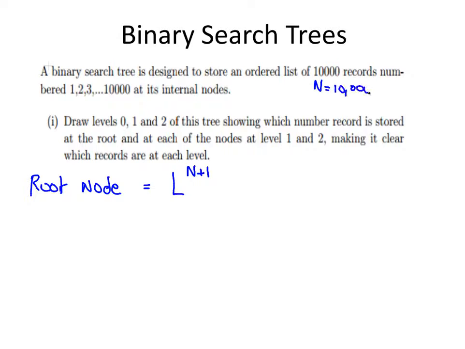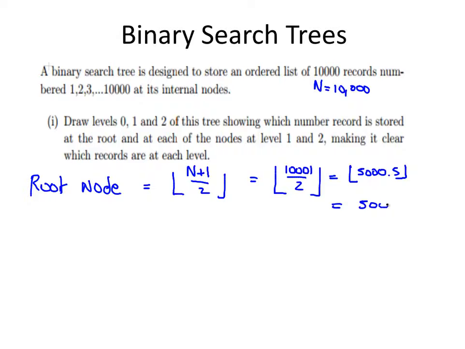So this is the floor function of 10,001 divided by 2, and that is equal to the floor function of 5,000.5, and that's just equal to 5,000.